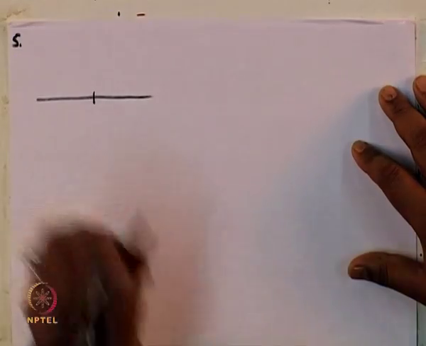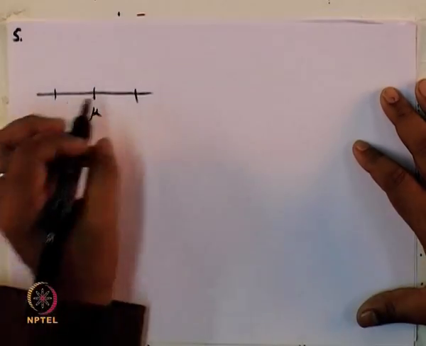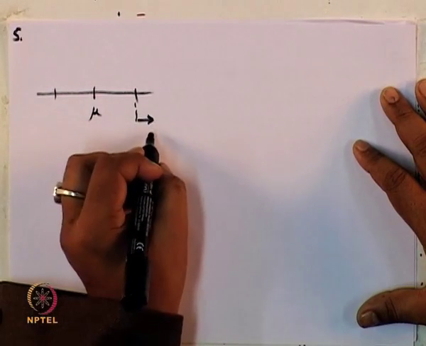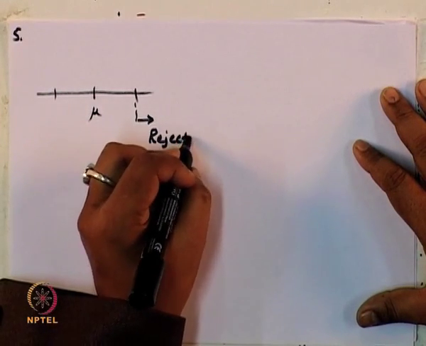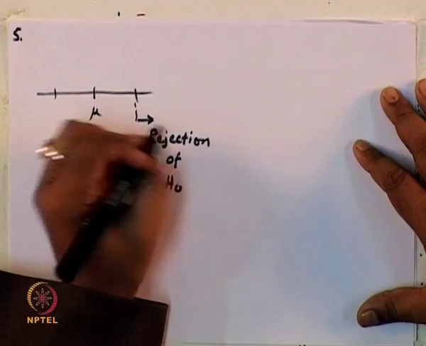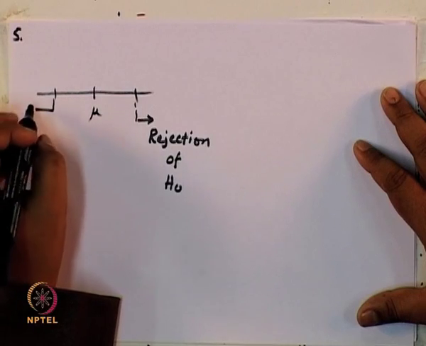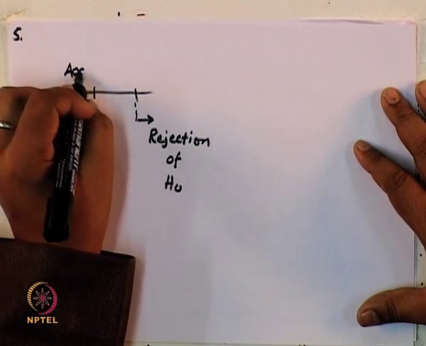So, between the two cases, accept or reject is decided by dividing the entire possibility of test statistics into two regions. In the case of salary, for example, this is your mean salary. You can have either less or higher. So, you can say if it is beyond this value I would reject, or rejection of H naught is if this value is very far off, and this is the acceptance region.